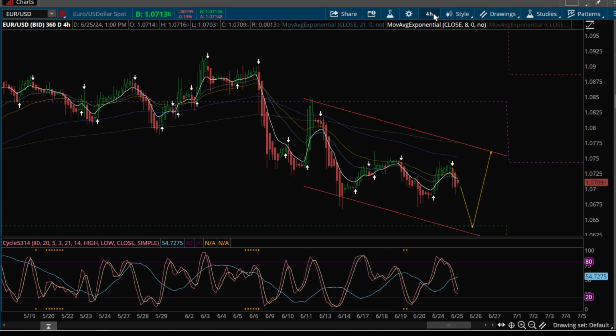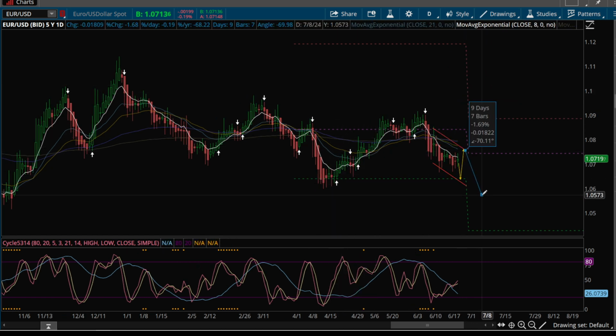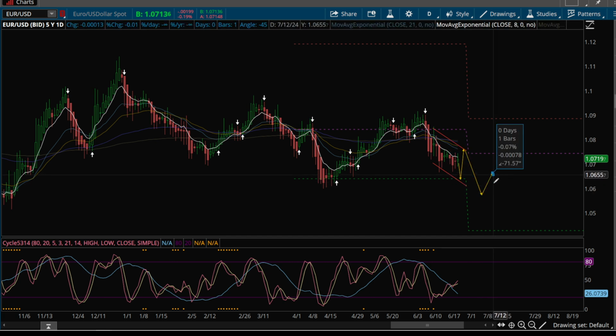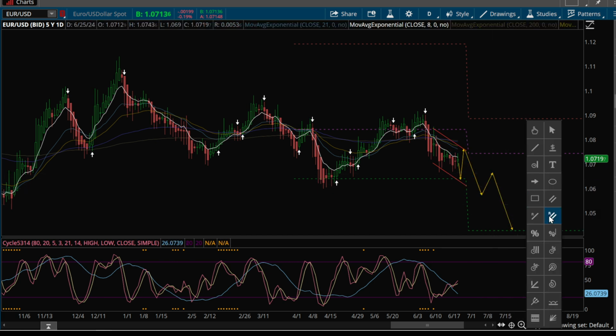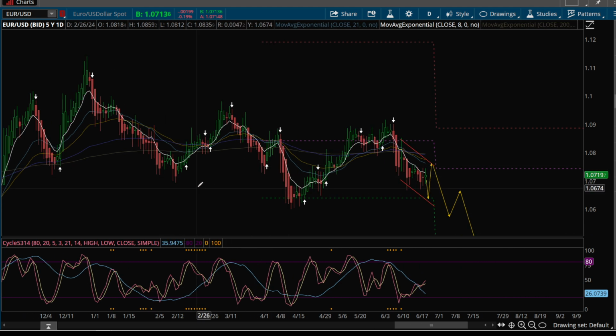And when we step out to the daily chart, we're looking for continuation next quarter. We're looking to trend down next quarter, and we're looking to tag this level at 104.30. So euro dollar, continue to sell.